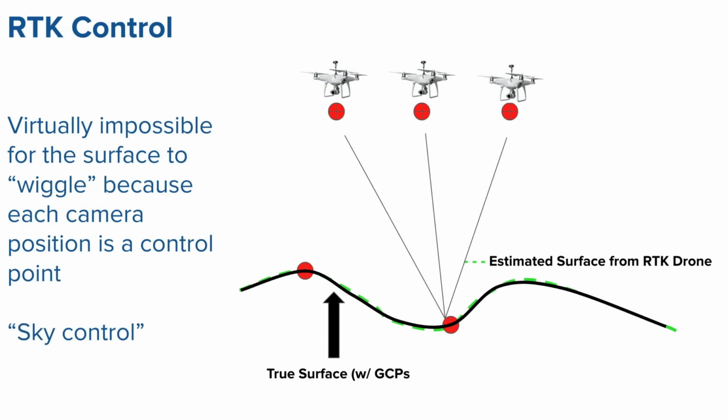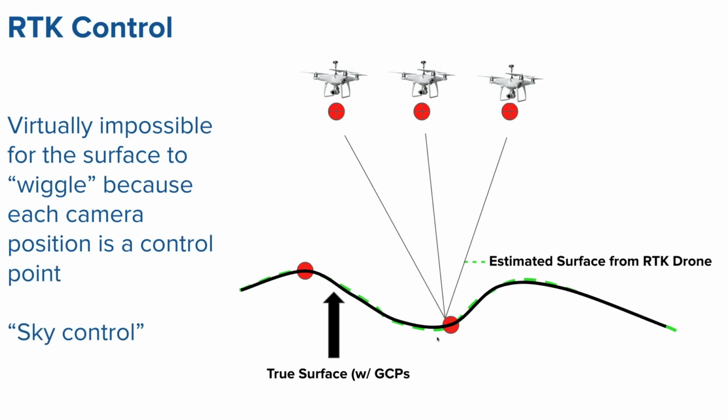Now, with RTK, remember, if we use that sky control concept, it's virtually impossible for the surface to wiggle. That's because each camera position now becomes a control point, and we call that sky control. Because we know the position of each camera location very accurately, it's almost impossible for that surface to wiggle.